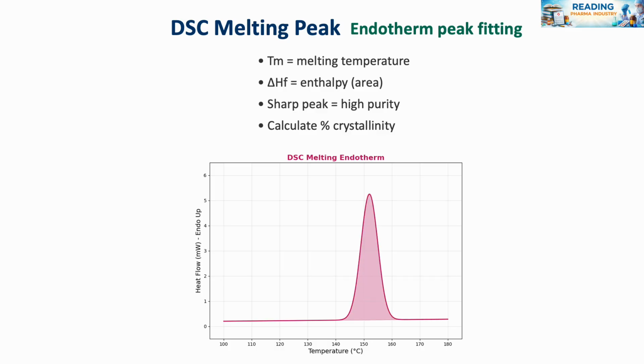Delta Hf is the enthalpy of fusion, and it comes from the peak area, or area under the peak. A sharp peak indicates high purity. Impurities often will broaden the peak. You can then calculate the percentage of crystallinity by comparing to the fully crystalline reference material. So fully crystalline reference material is 100%, and anything compared to that will be a fraction of it.